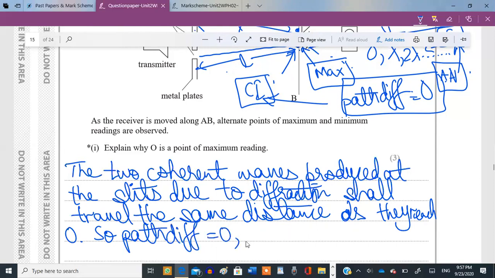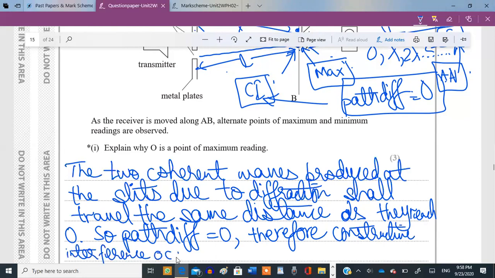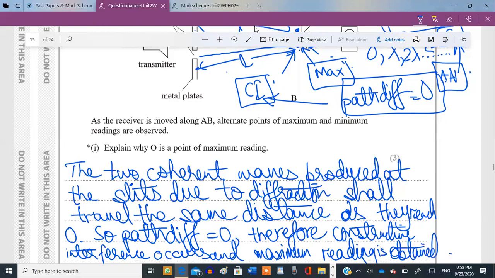If path difference is 0, then what happens? Therefore, constructive interference would occur and a maximum reading is obtained. Okay, and not actually an antinode. Not antinode, because antinode is used for stationary waves, not for these waves.